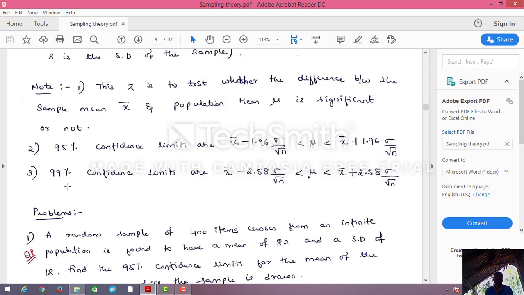For 99% confidence limits: x bar minus 2.58 into sigma divided by root n less than mu less than x bar plus 2.58 sigma divided by root n. This is the 5% level and this is the 1% level.